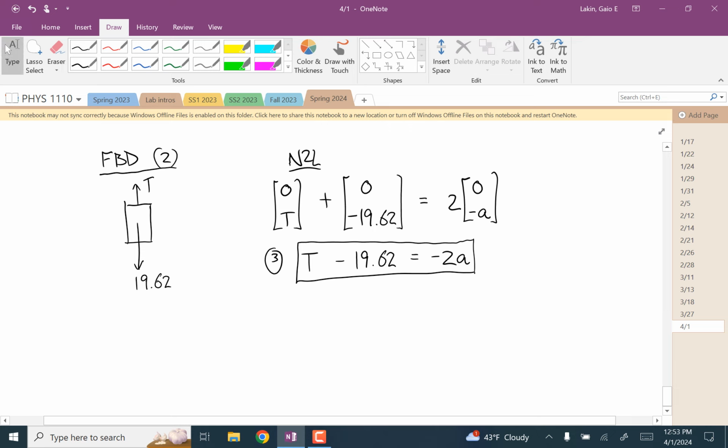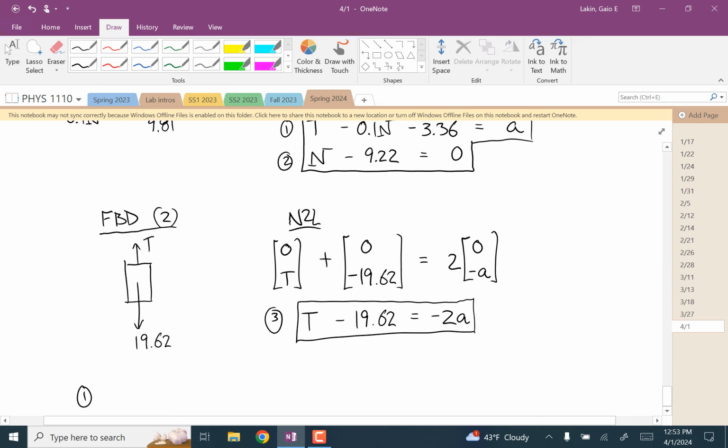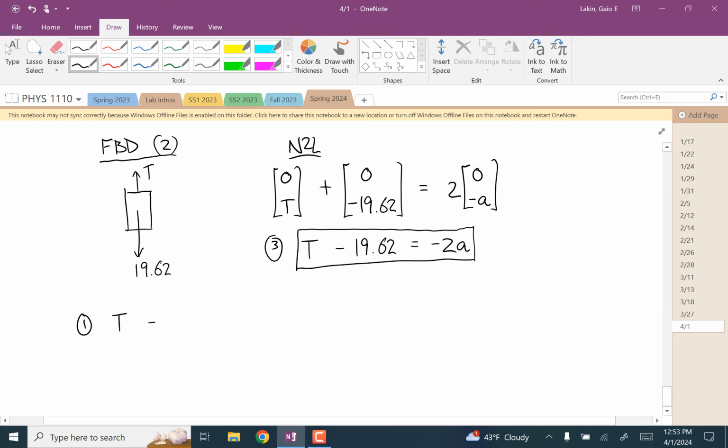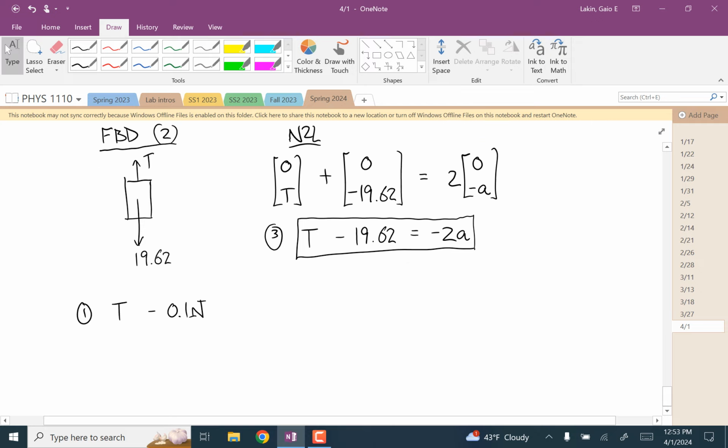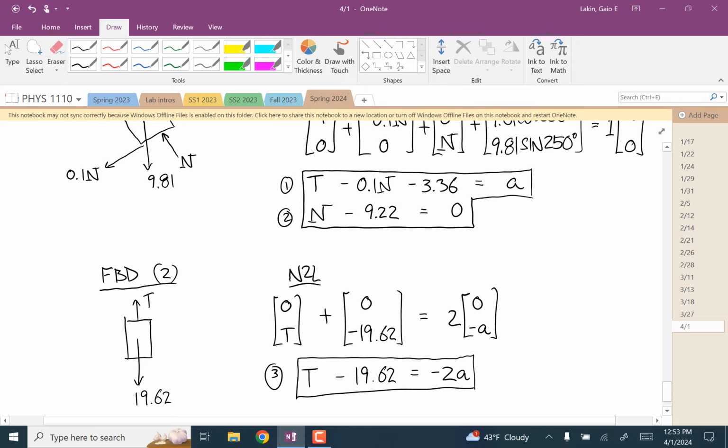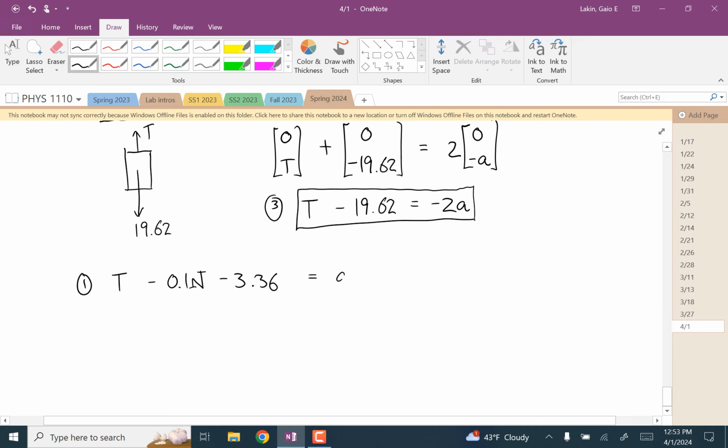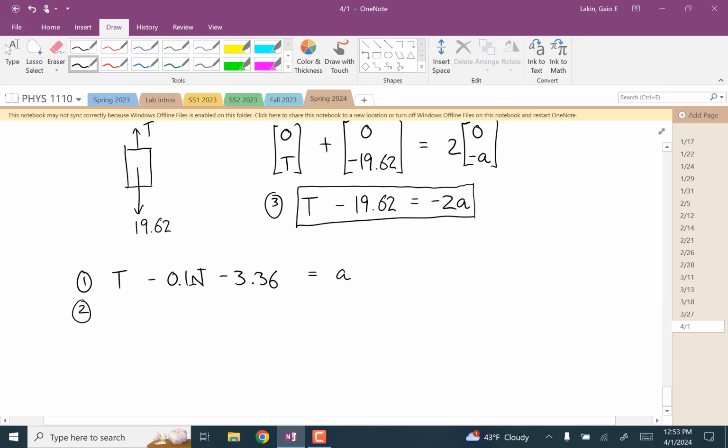All right, well, this time we have 3 equations. I'll start by writing them all out. So T minus 0.1 n minus 3.36 is equal to a. The second equation says n minus 9.22 is equal to 0.